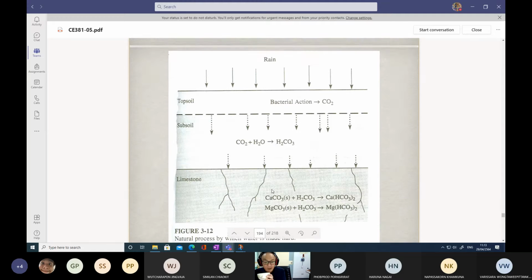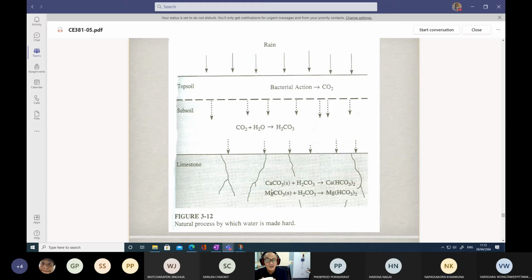Okay, now for the cause of the hardness. As you know, hardness is mostly found in groundwater.